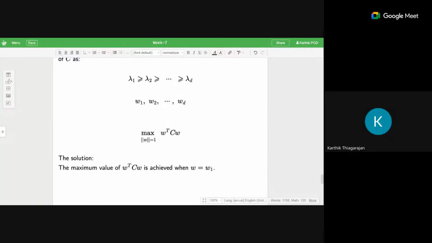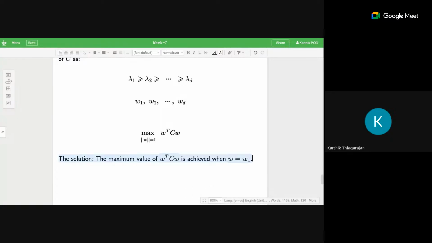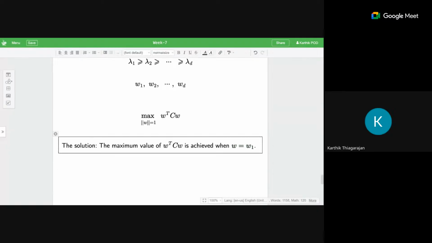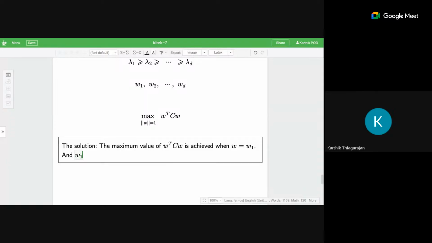So this is, we can box this. W transpose CW is maximized when W equal to W1, and W1 is called the first principal component of the data set, or data matrix.